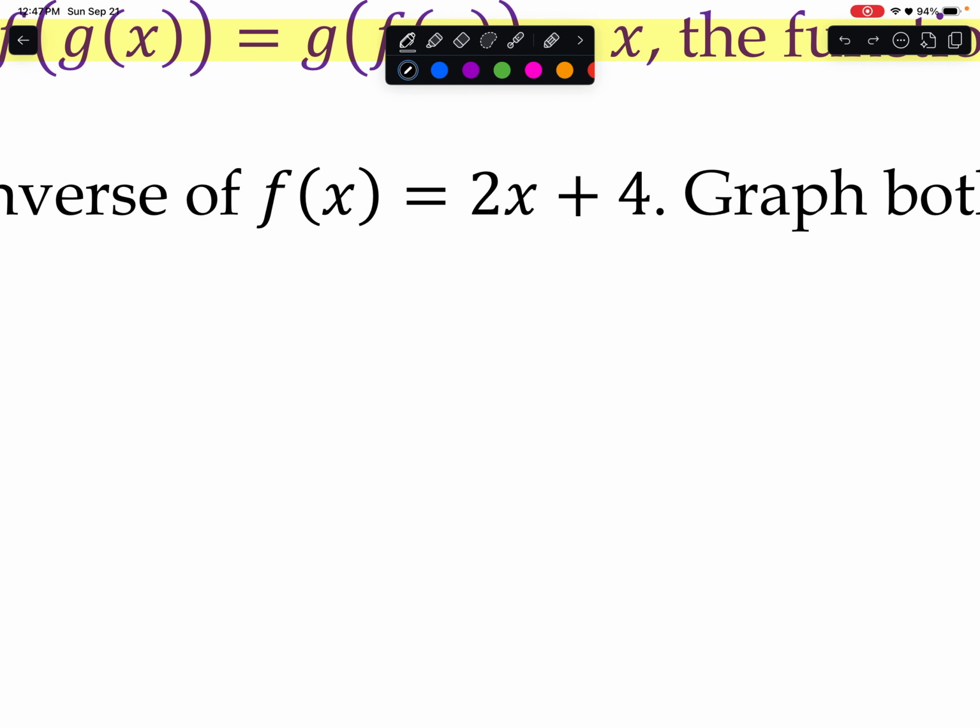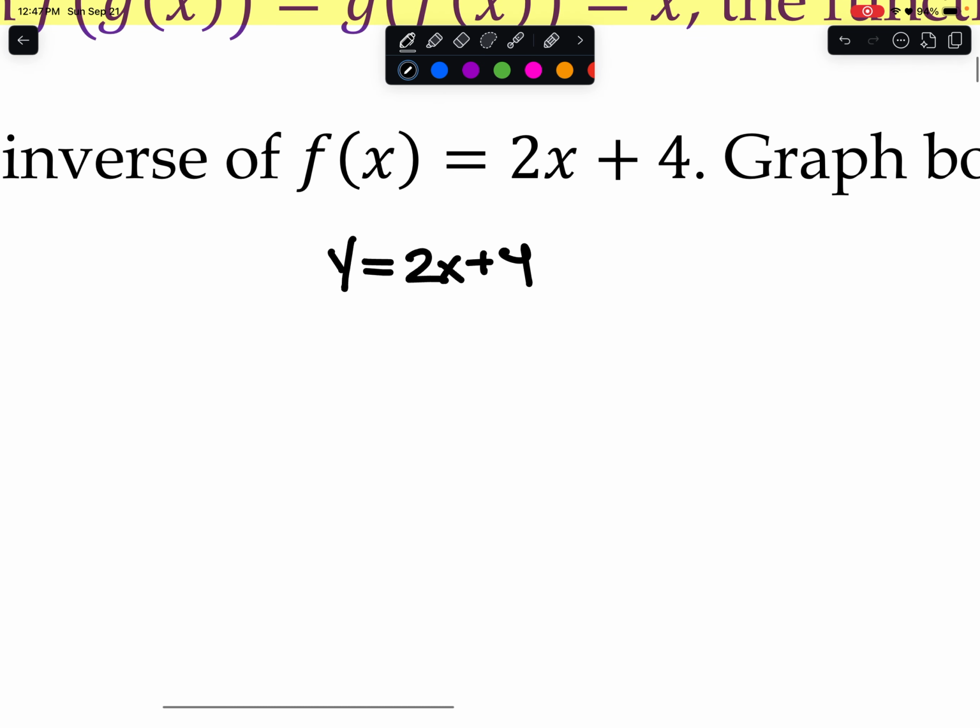First off, our function f of x is the same thing as y equals. So I'm going to have y equals 2x plus 4. And then if I want to find the inverse, we're going to flip the x and the y. So I'm going to have x equals 2y plus 4.